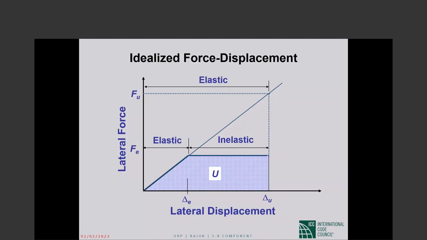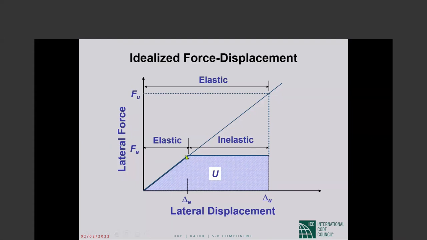then what would happen if the same earthquake would come hit our structure is that as the earthquake-induced force equals and then exceeds the supplied strength level F sub E, the structure will start cracking and yielding in places.